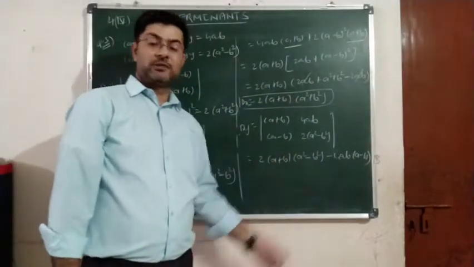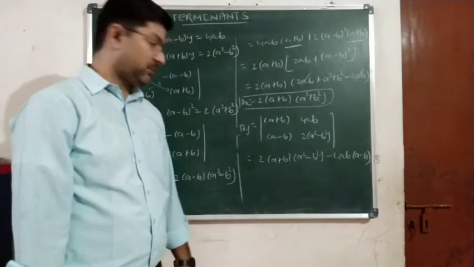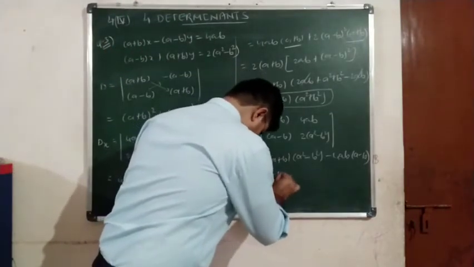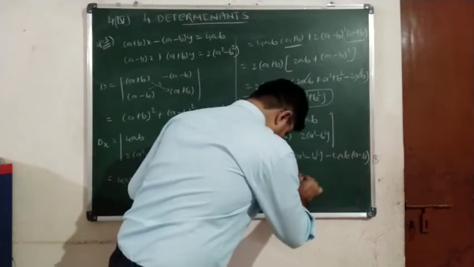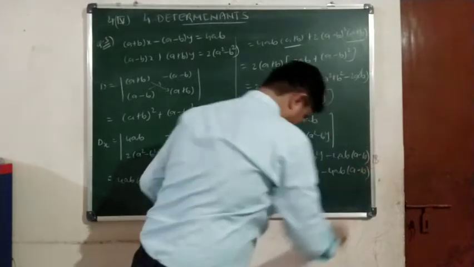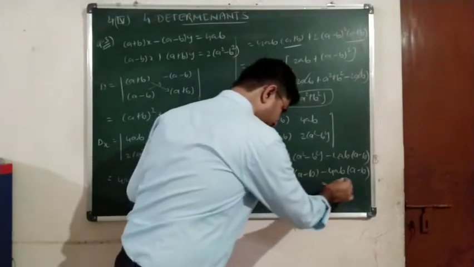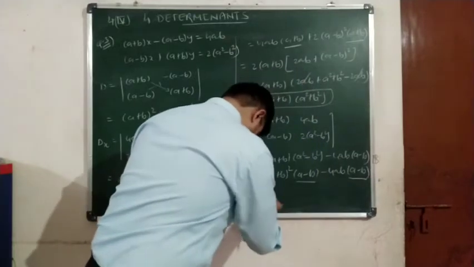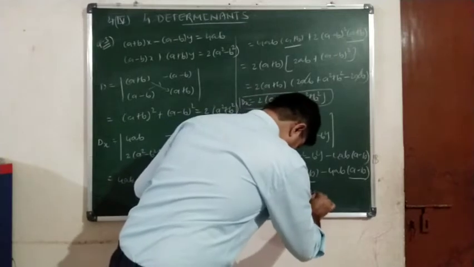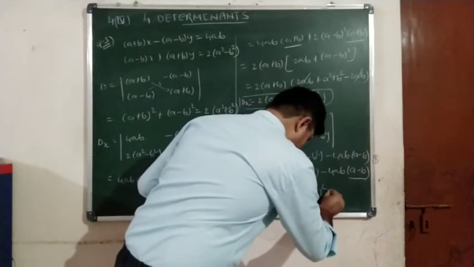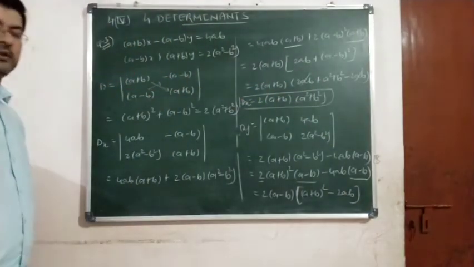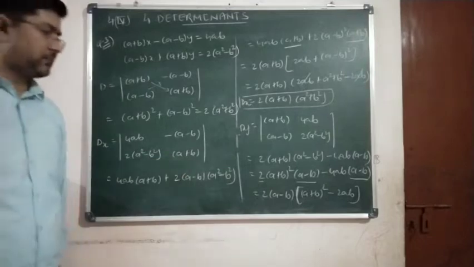Again a square minus b square will be factorized as (a minus b)(a plus b). So we have (a plus b) the whole square into (a minus b) minus 4ab into (a minus b). So we can take 2 and the bracket (a minus b) common. So 2 into (a minus b), if you take common, we are left with (a plus b) the whole square minus 2ab. Clear? I hope you have understood all the steps so far.